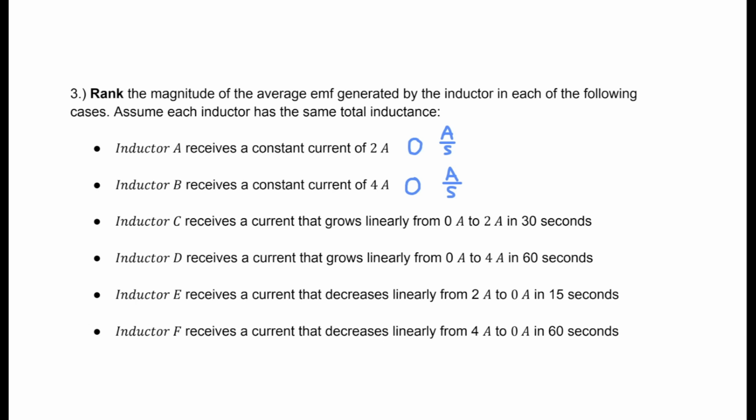Then we got a current that grows linearly from 0 to 2 amps in 30 seconds, so we will have an EMF because we're increasing by 2 amps in 30 seconds, which is 1/15 of an amp per second.